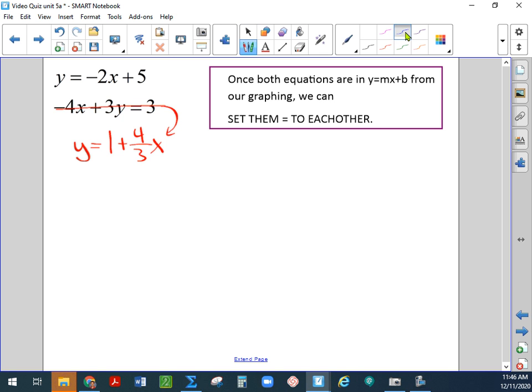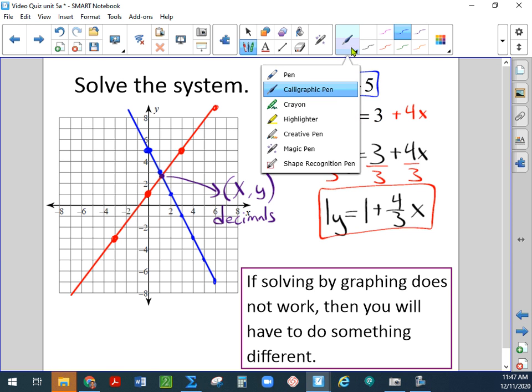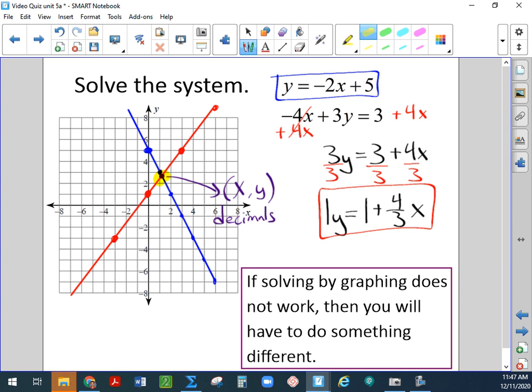Both of these equations are equal to y: y equals negative 2x plus 5, and y equals 1 plus 4/3 x. What we are ultimately trying to do is find out which y is that, and which x is that?